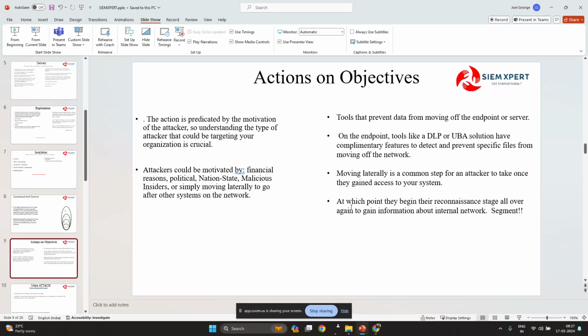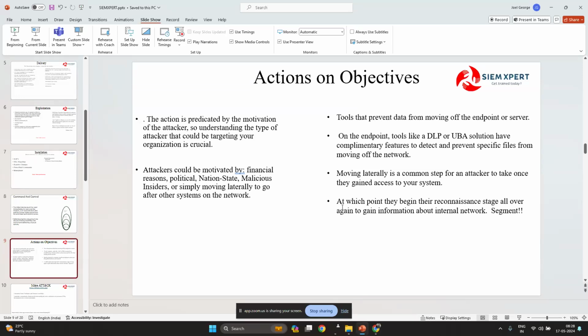This is where, again, segmentation helps. Based on this, at this stage, the attacker can also try to move laterally. Not at the actions on objective stage, but if he finds something else, he can try moving laterally to find another point of interest and carry on.